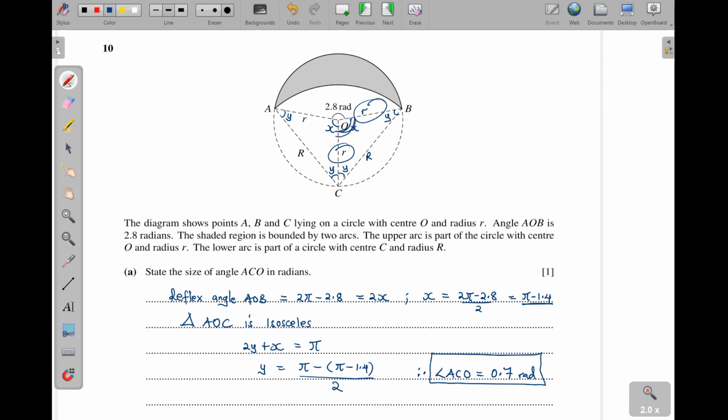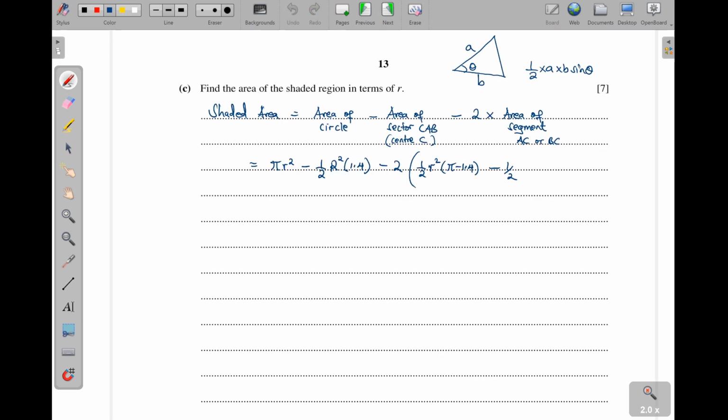Okay, then sine of this x that is in between here. So we shall have a half, then times r, that will be r squared, then sine of x, which x is pi minus 1.4. You see that? All right, now let's continue.